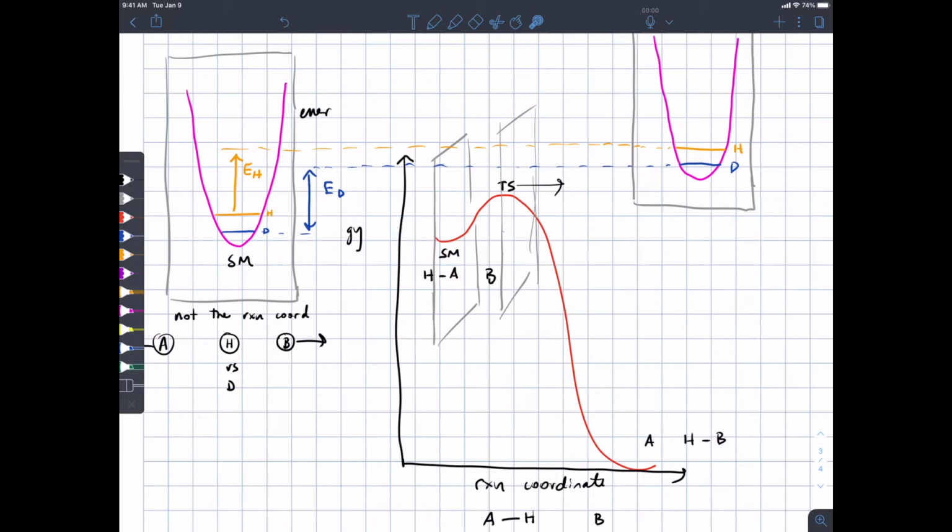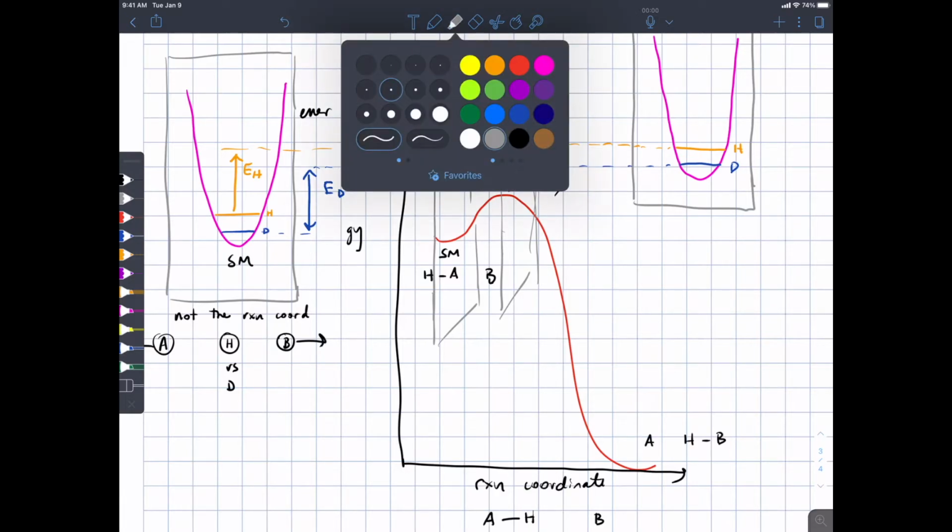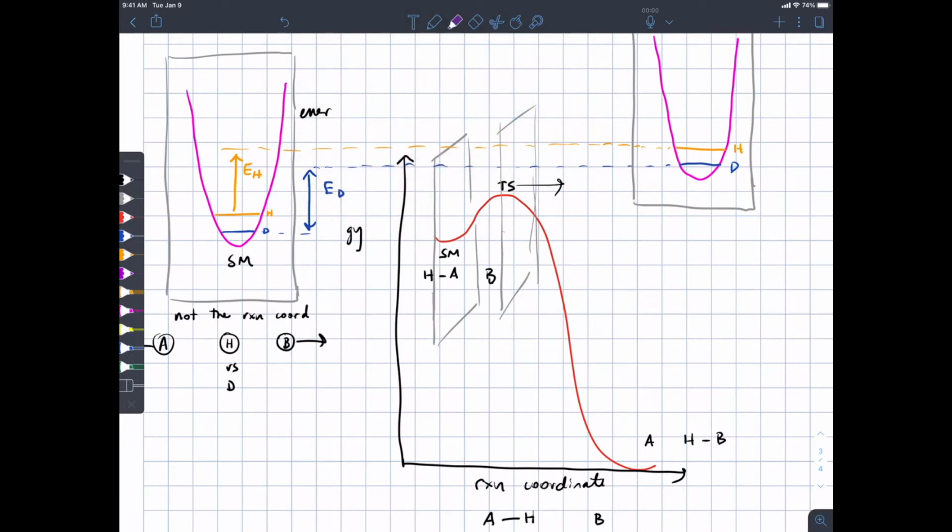Now, because the transition state and the starting material are similar in structure, I'm going to use purple and sort of highlight this space between hydrogen and deuterium. That's my difference in 0-point energy in the starting material. Here's my difference in 0-point energy in the transition state.